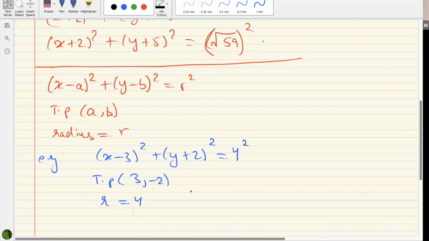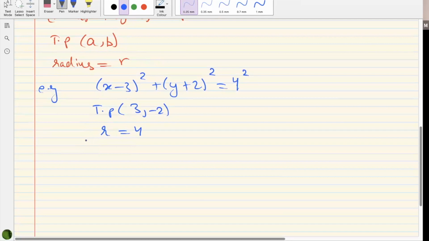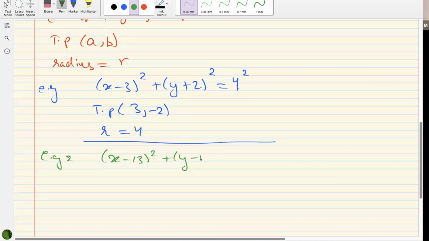Any doubt in these two things? Coordinates of center and radius. If we are given another example, which is (x minus 13) whole square plus (y minus 12) whole square is equal to 25, the turning point will be 13 comma 12.